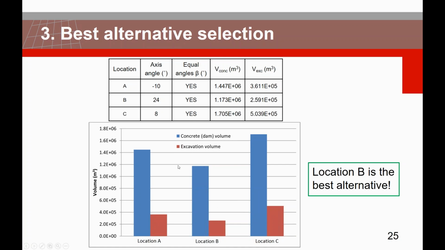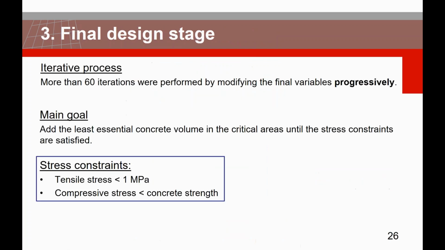You can see that right now we're talking about a dam which is around 1.2 million cubic meters for concrete volume only, while the excavation volume is around 0.25 million cubic meters. And this location B from now on will be used as the best alternative for the final design stage.